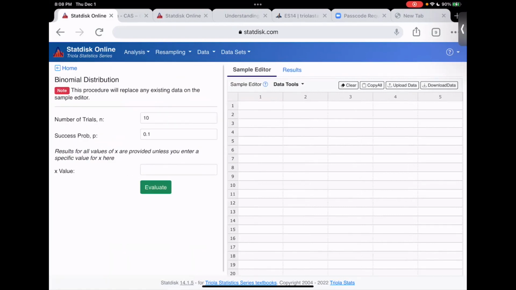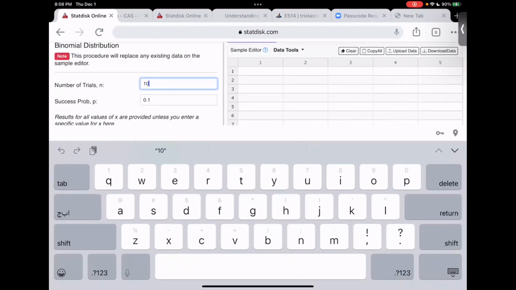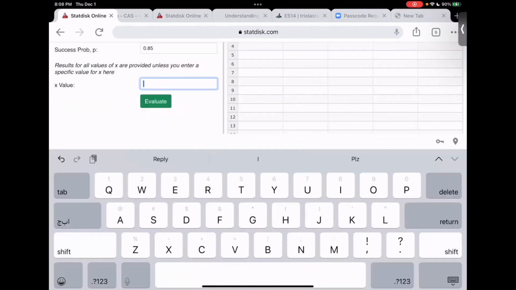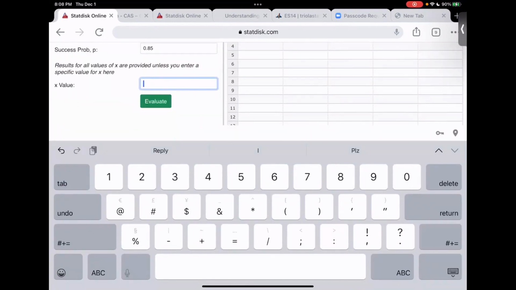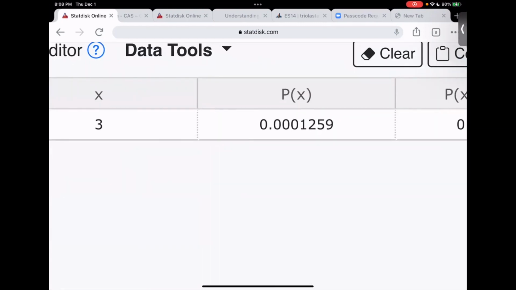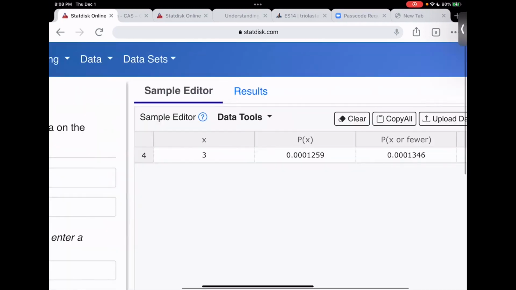Here, the number of tries, how many tries do we have in that question? 10. And the probability of success was 0.85. And if you have a specific value, which is 3, this is the probability, and it gives 0.0012.